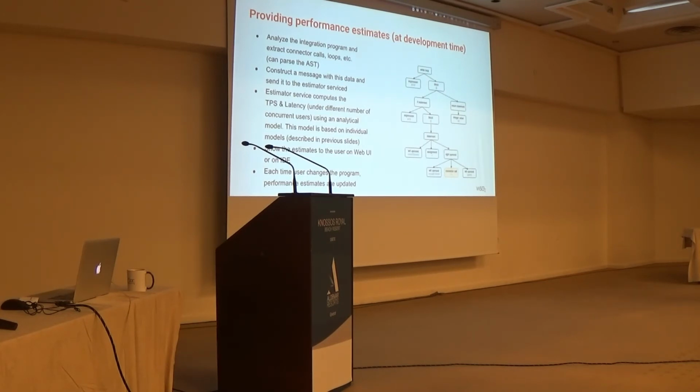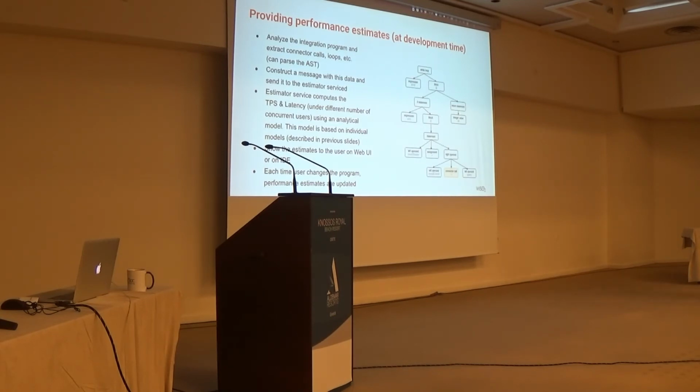So for Ballerina, you can simply write a parser which will go and parse this program. So this is called the AST, the abstract syntax tree of the Ballerina program. It will basically extract those features, which we will send to the backend.